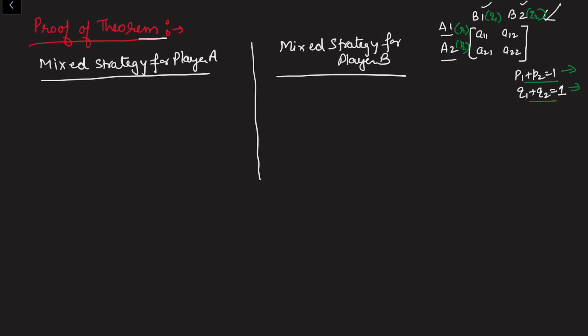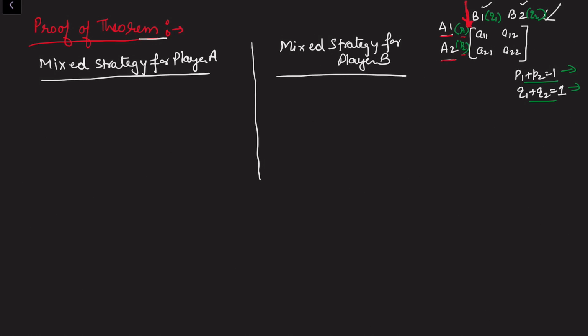Now in this case, if player B selects the B1 strategy, look at here, A has the choice to select A1 or A2 with probability P1 and P2.